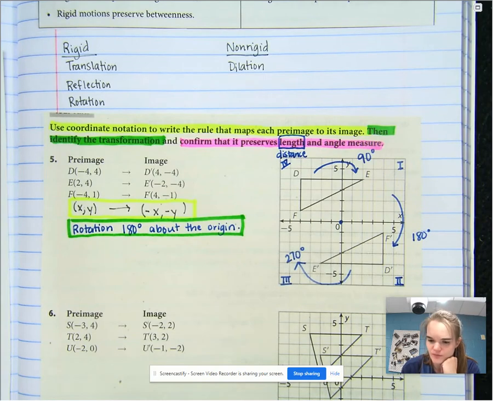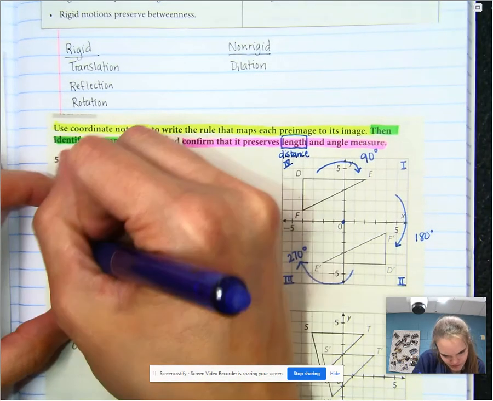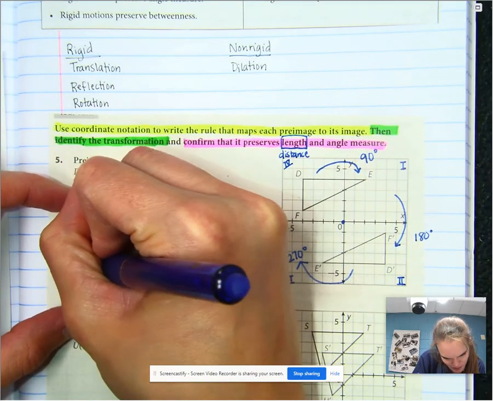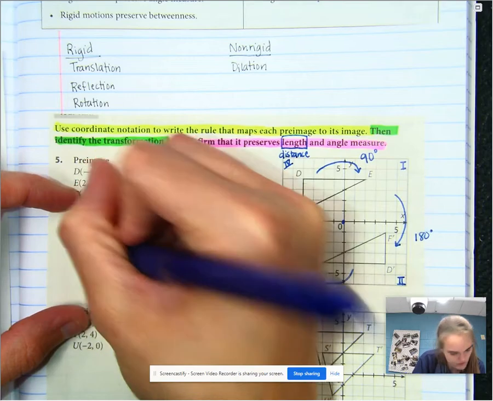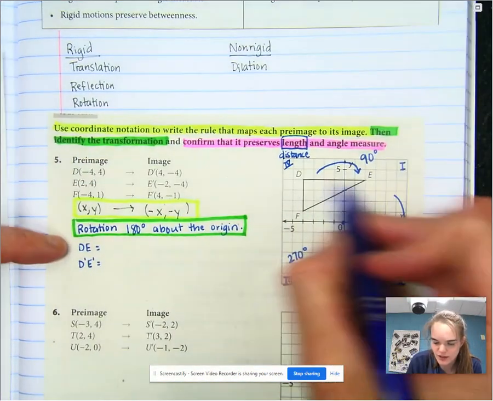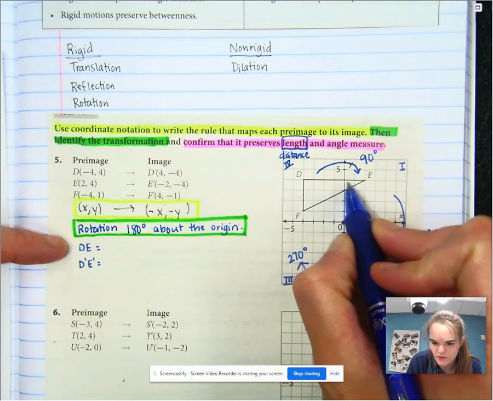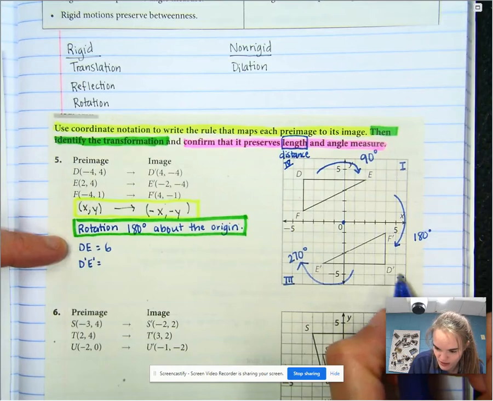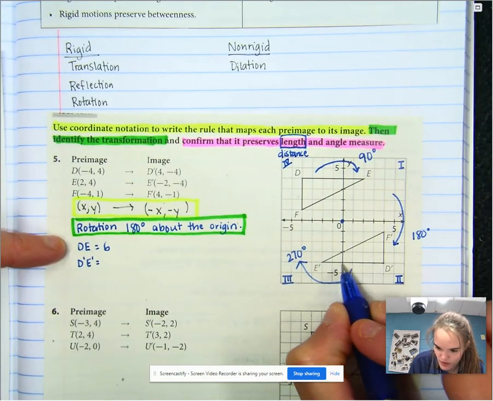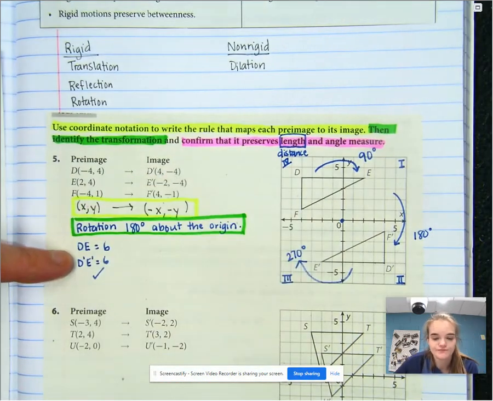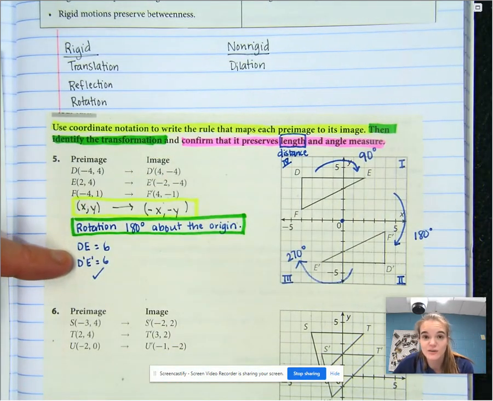Here's what that means. DE should be equal to D prime E prime. And we're going to check. DE right here is 1, 2, 3, 4, 5, 6 units long. Let's count D prime E prime. 1, 2, 3, 4, 5, 6. That one's good. We have to check them all.